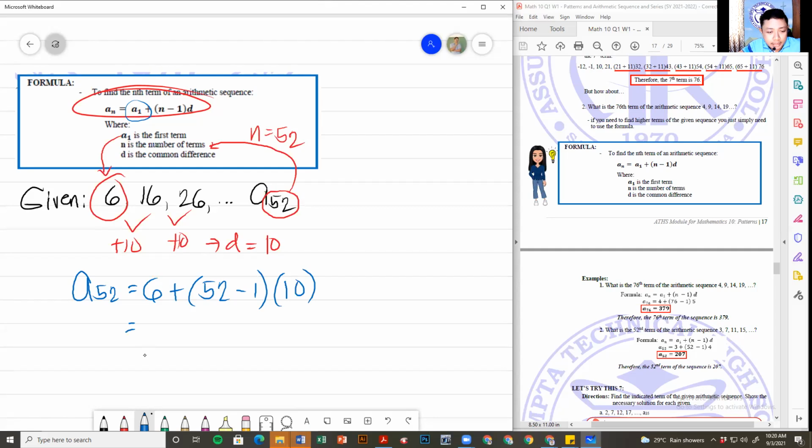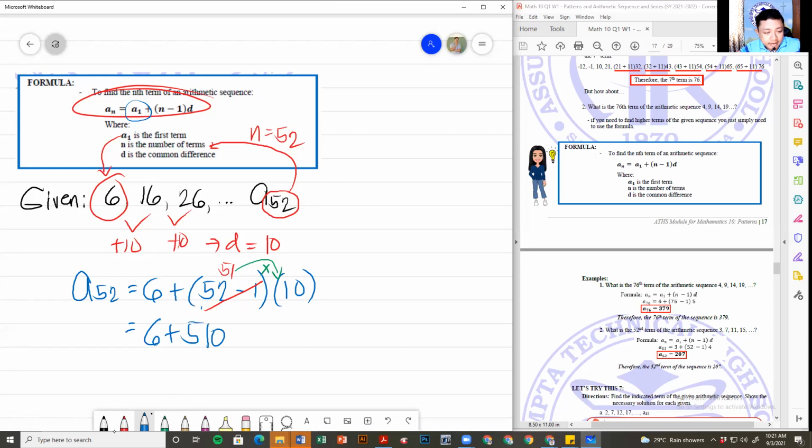So 52 minus 1, that becomes 51. So we have here 6 plus 51 times 10. That's 510.